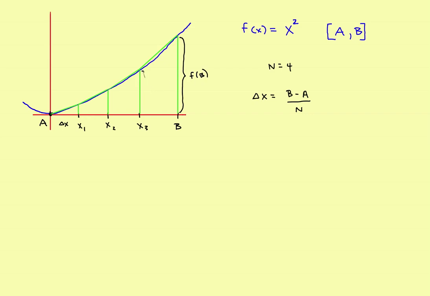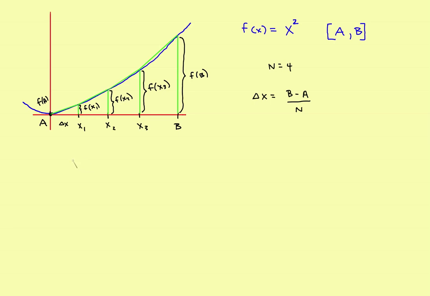The height of this side right here would be f evaluated at x sub 3. The height of this side would be f evaluated at x sub 2. And finally, let's go down to here. The height of this side would be f at x sub 1. And finally, this last height, which in this case has a height of 0, would be f at a. So that's going to be the height of each side of those trapezoids.